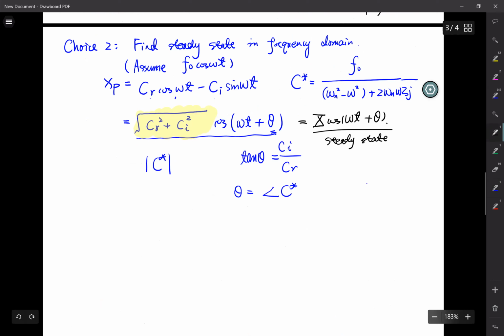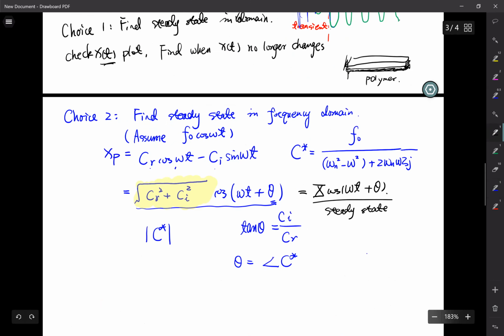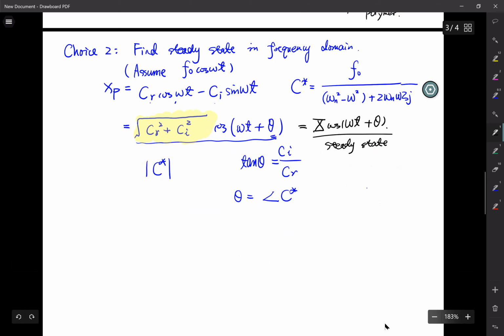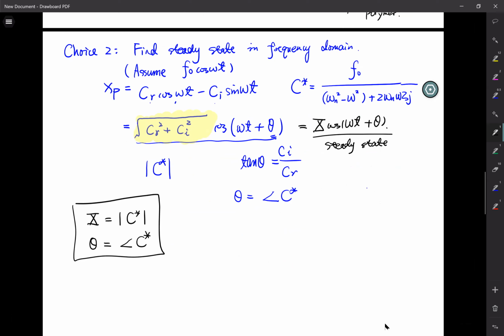And your steady state, as I said, is a harmonic response, so it has both amplitude and phase. For the amplitude, your big X is just the magnitude of this complex number, and your theta is just the angle of this complex number. All right, so that's how you find your steady state. If you want, you can add one more condition: your omega is just your excitation omega.